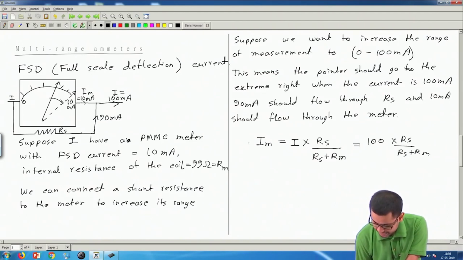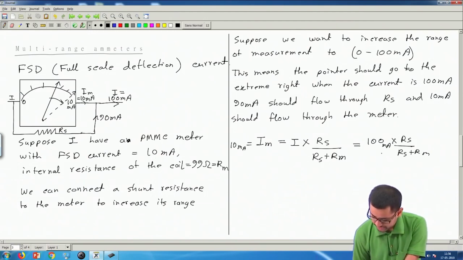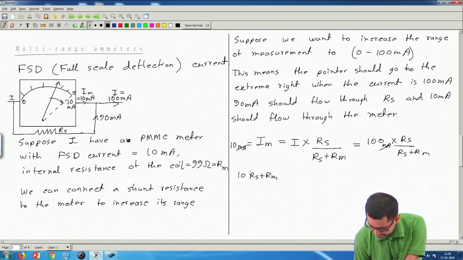This should be 10 milliampere. So this side we can write 10 milliampere. Therefore, milliampere cancels. We can write 10 (Rs plus Rm) should be equal to 100 Rs.